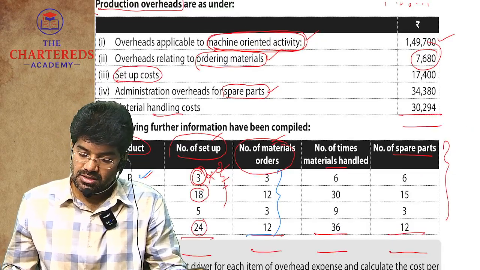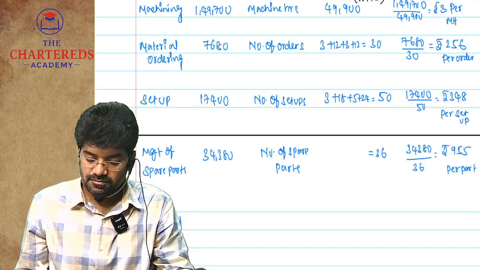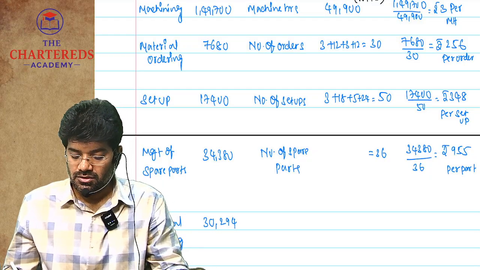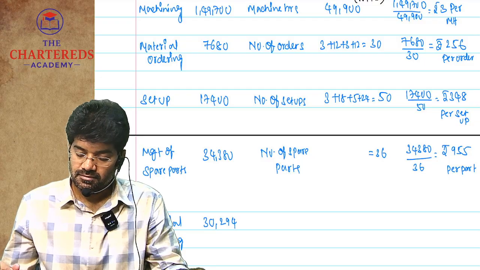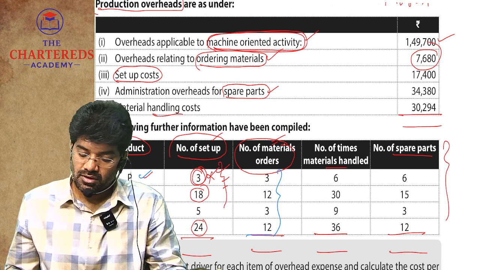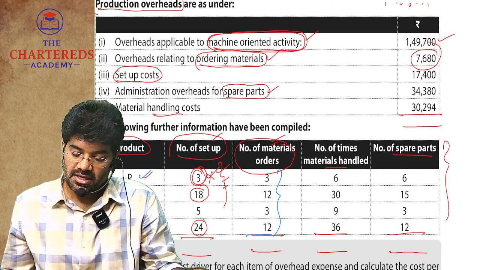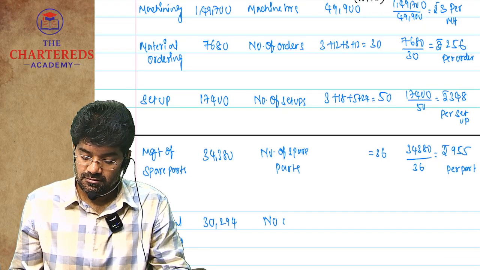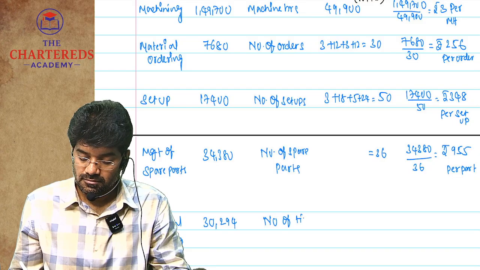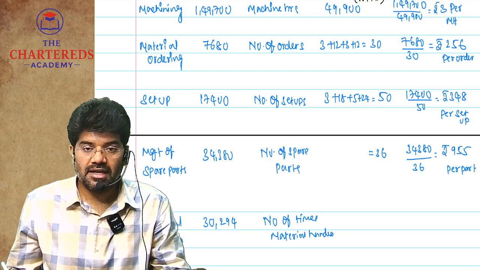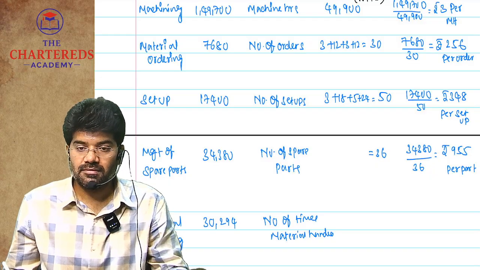Material handling cost is 30,294. Number of times materials handled is a total of 81.